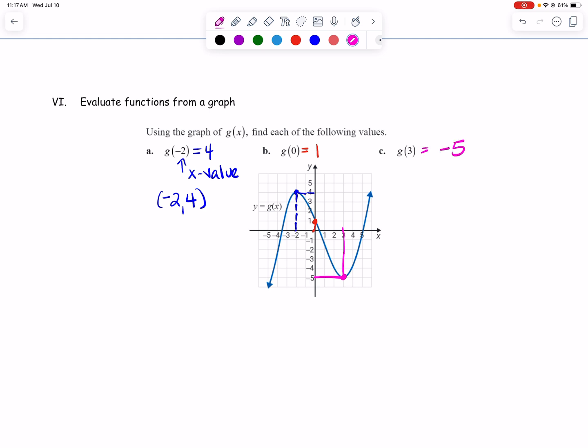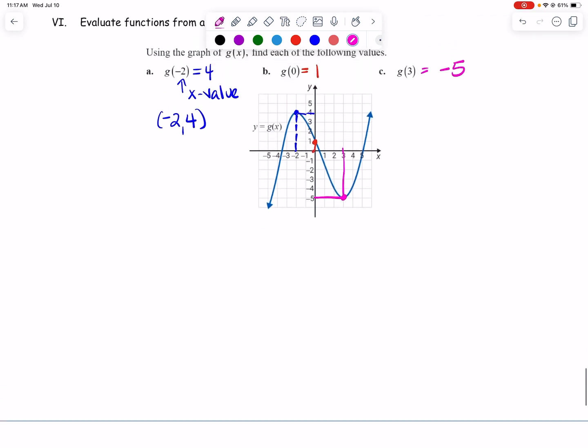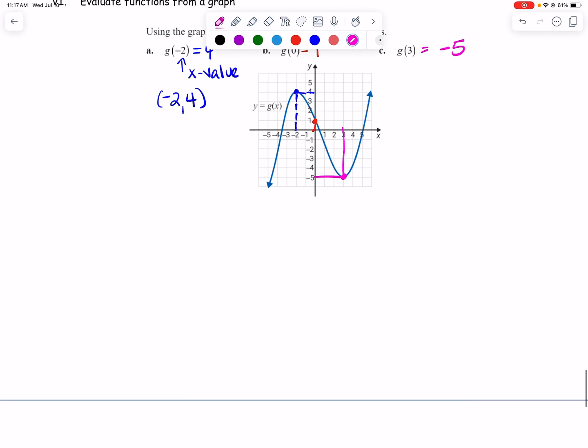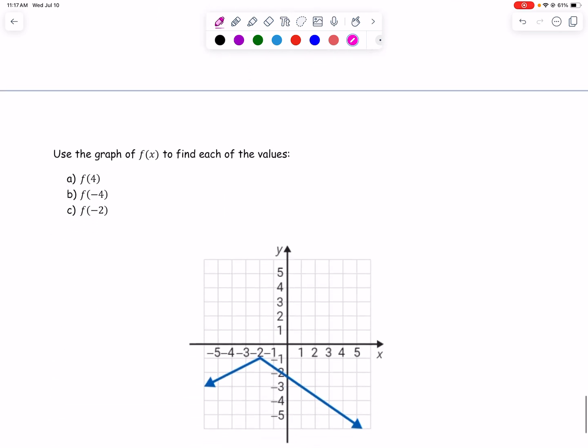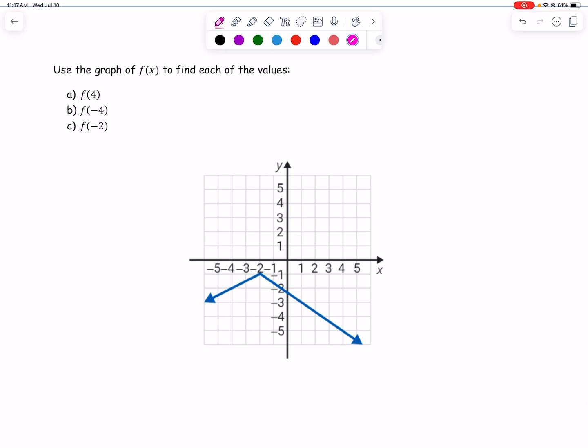So I believe you have one of those last question. That's what it's looking for, to evaluate the function from a given graph. You find the x value, and then you match it up on the y where it hits the location of your graph. Okay. So again, this is another opportunity to practice this. X is 4, so we're going to come over here. X is 4, and you're going to draw a line until you hit that graph.